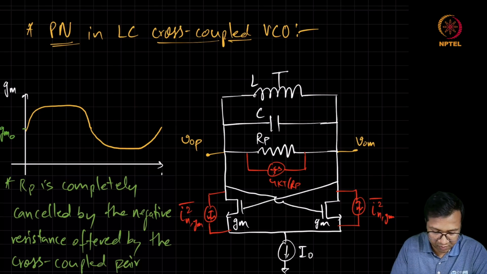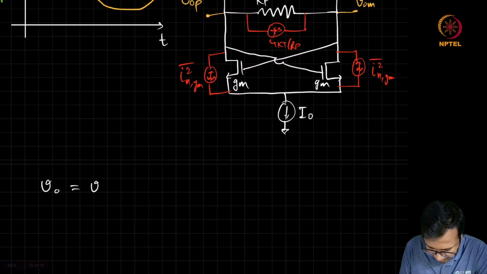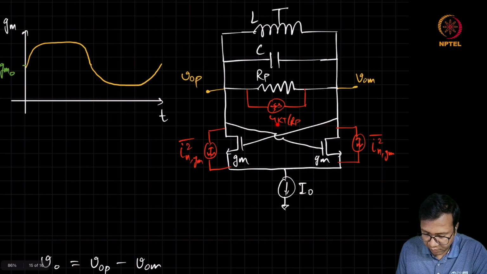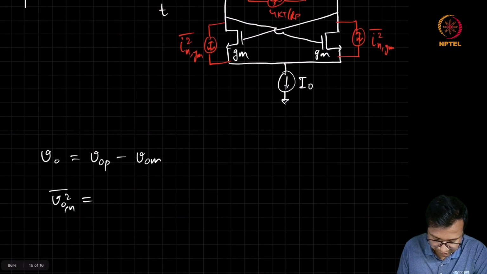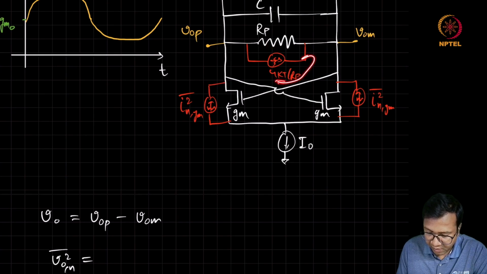what is going to be the output voltage noise in this VCO. So if we call V0 as the net output voltage, then the output voltage noise PSD we can write as composed of contribution due to all these three sources. So due to the RP, this current will just multiply with the effective tank impedance.